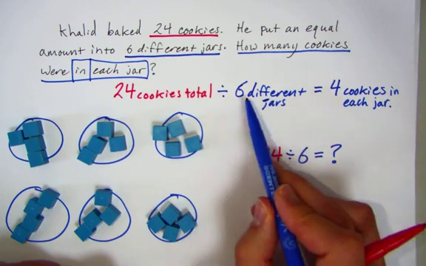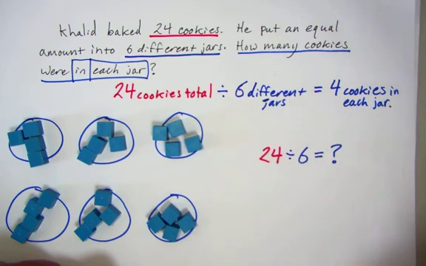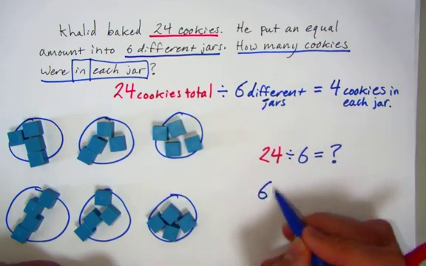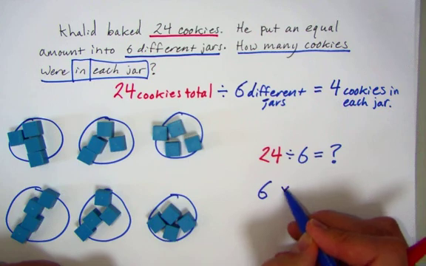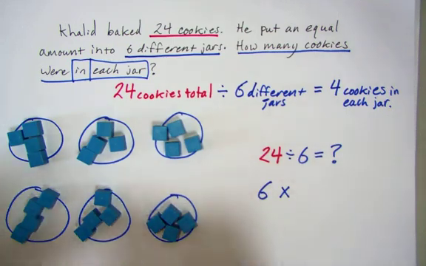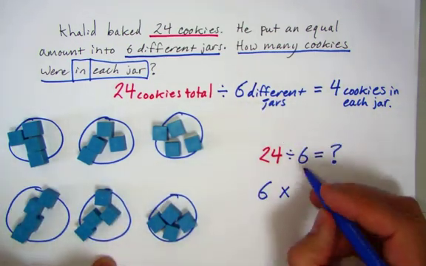Okay, so I have 6 different jars. That's actually my equal groups. And in a multiplication sentence, I put my equal groups first. I'm using multiplication. Now, what do I put here? I'm still holding my blue pen, so that should give you an indication.